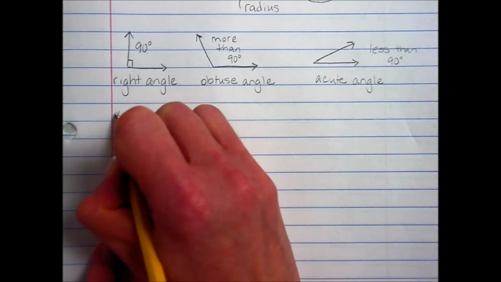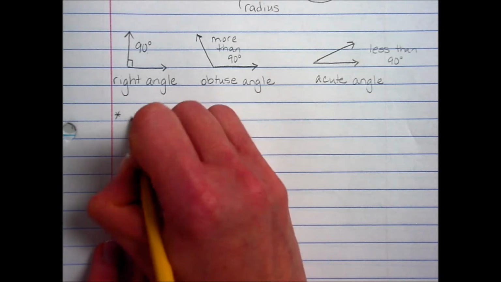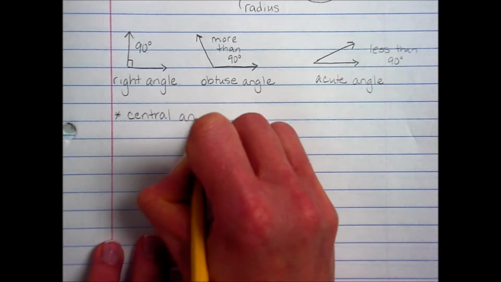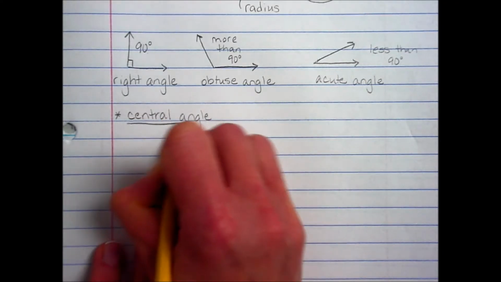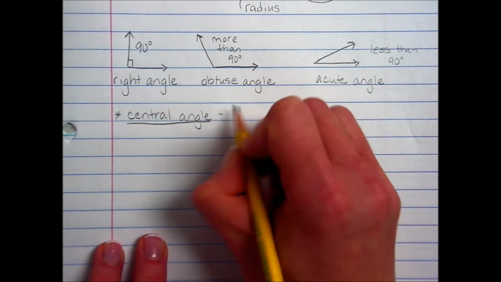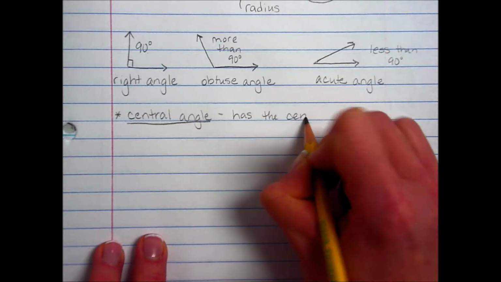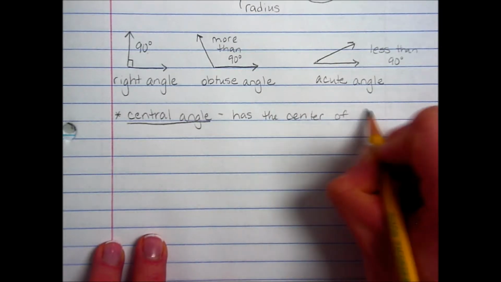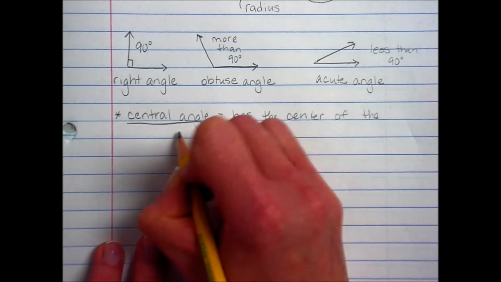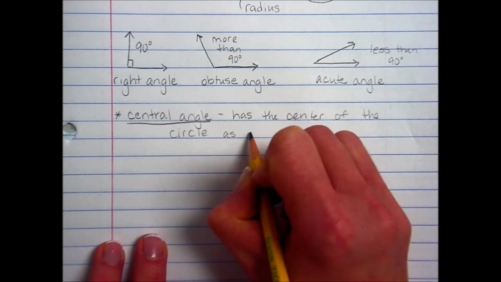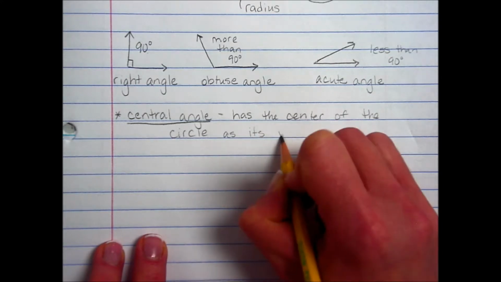One other thing that the test brings up is something called a central angle. The definition is that it has the center of the circle as its vertex.